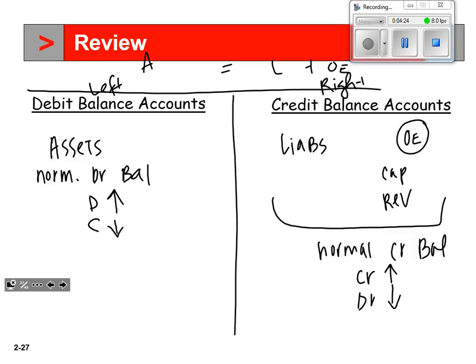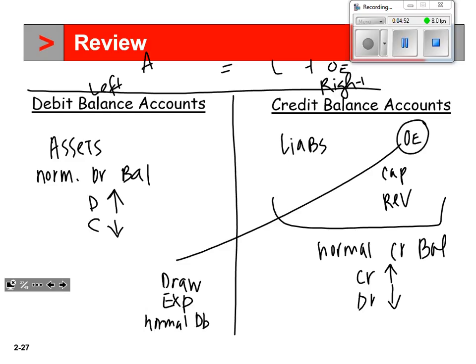There's 2 naughty accounts here though. They actually have debit balances. So from owner's equity, you have drawing, and you have expenses. I don't want you to think of them as assets. Think of them like assets' cousins. They have a normal debit balance side.